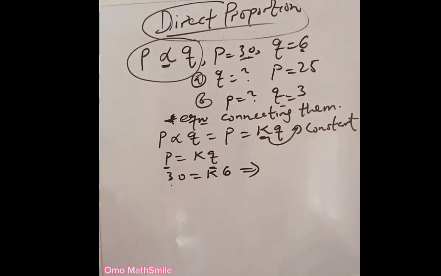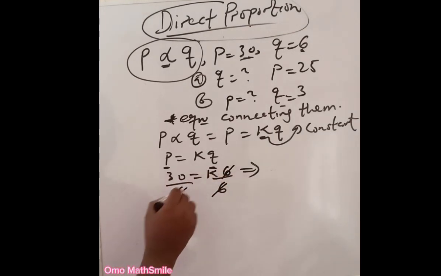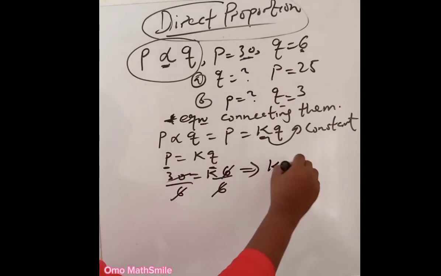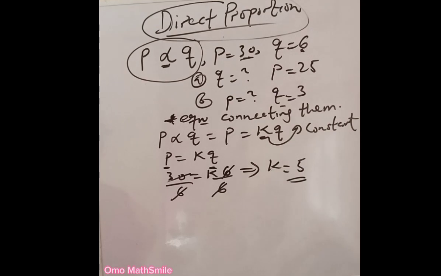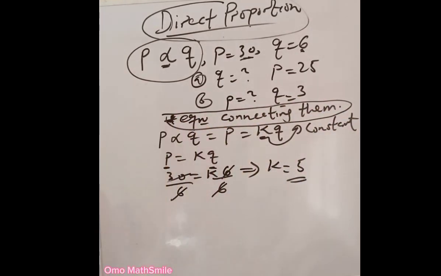When we divide both sides by 6, we get the value for K. So we have 30 divided by 6 and K times 6 divided by 6. Dividing both sides, 6 cancels 6. So K equals 5. We've been able to determine the value for our constant K.